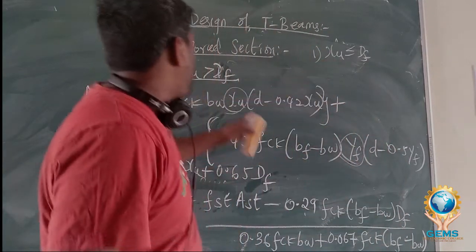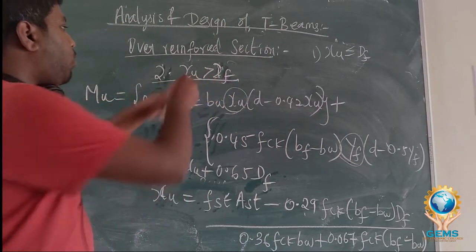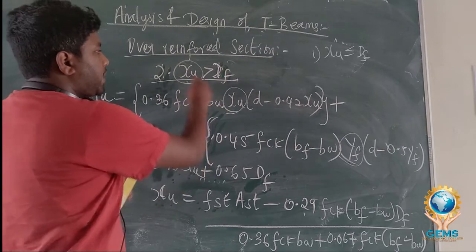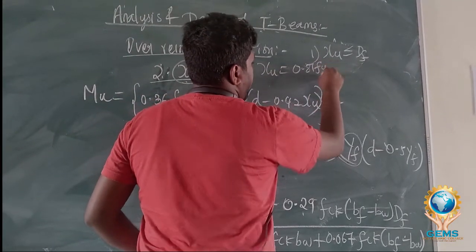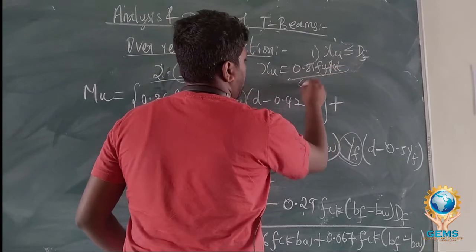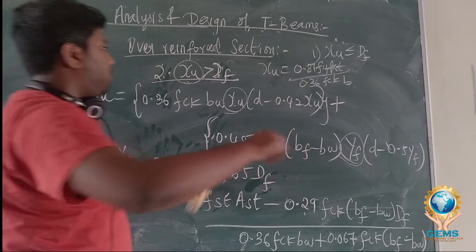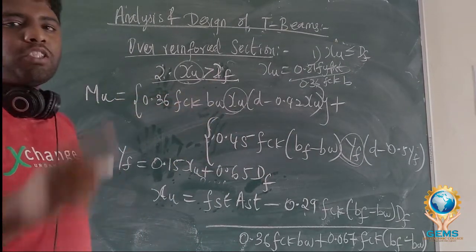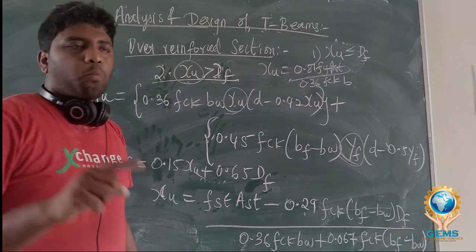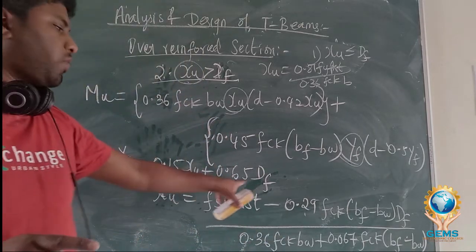But if XU is greater than DF, first find YF equal to 0.15 XU plus 0.65 into DF.